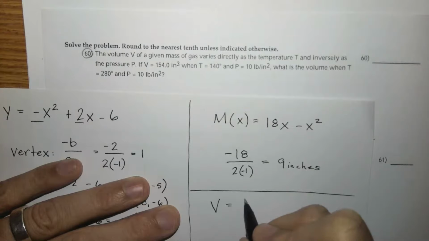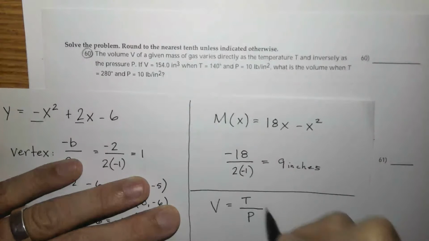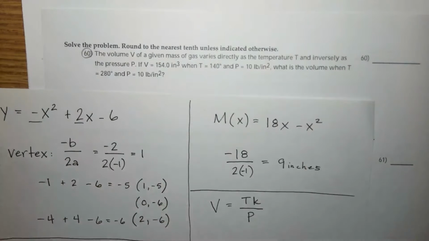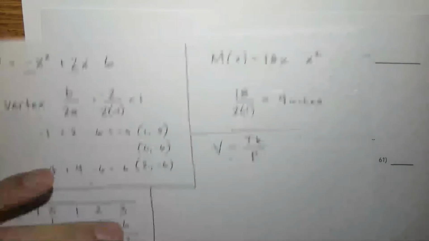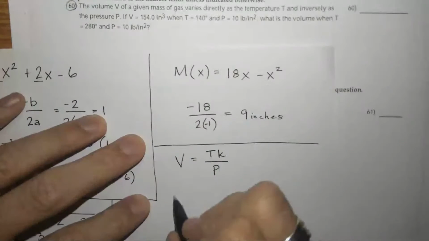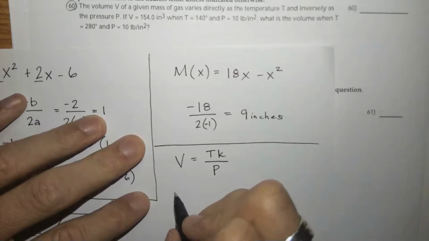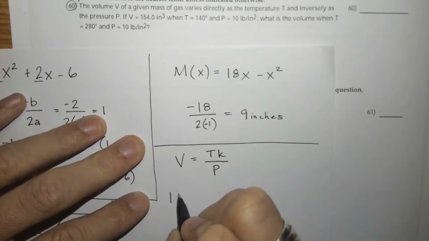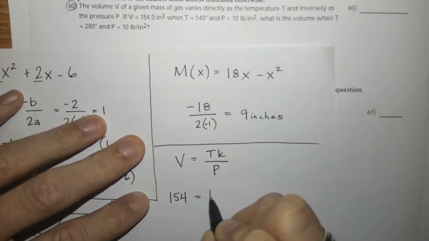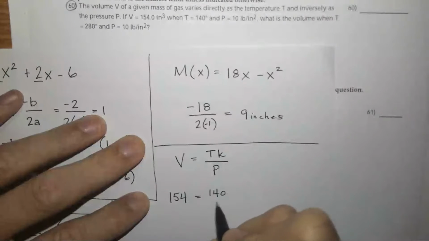as the temperature varies directly as the temperature and inversely as the pressure. And we're also going to have a K in this problem as well. That's a formula, sorry. All right, so the first thing it says is that the volume is 154 when the temperature is 140.